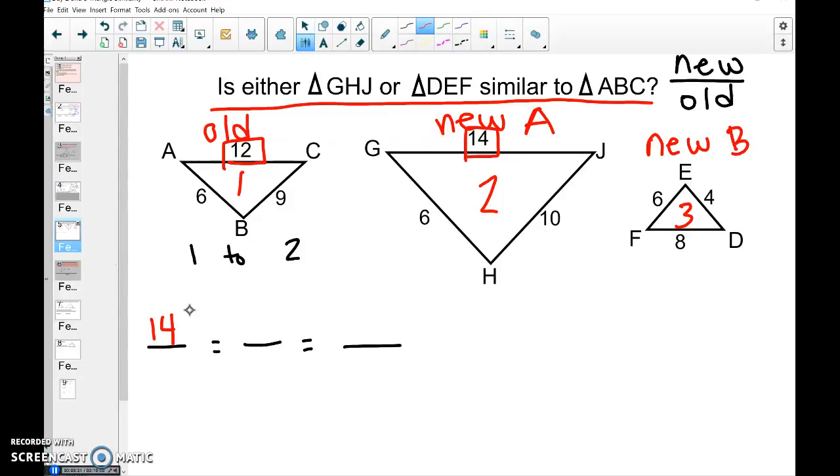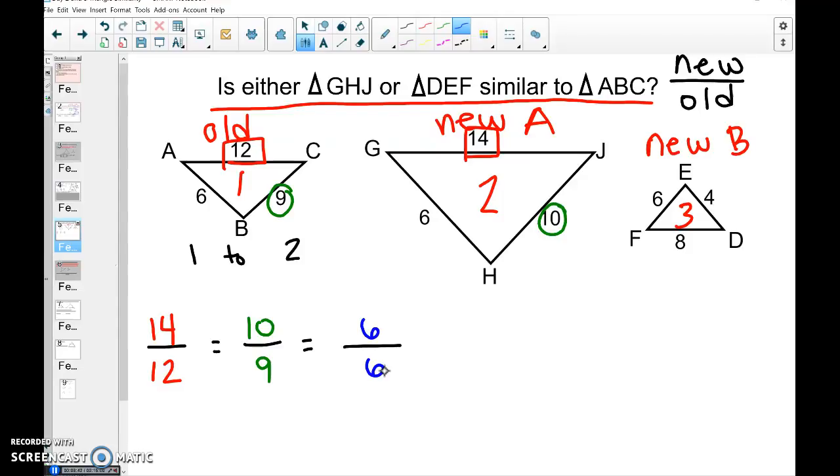In my old triangle, the biggest side is 12, so it's going to be 14 over 12. The medium-sized side in my new triangle is 10, and the medium-sized side in my old triangle is 9. So we get 10 over 9, and then obviously that leaves us with 6 and 6.